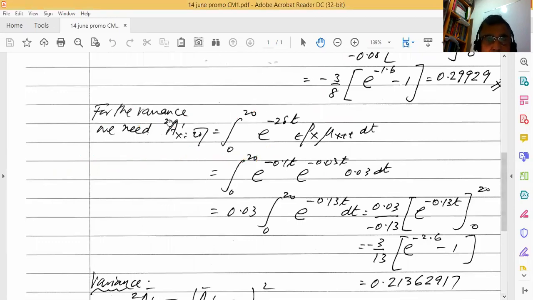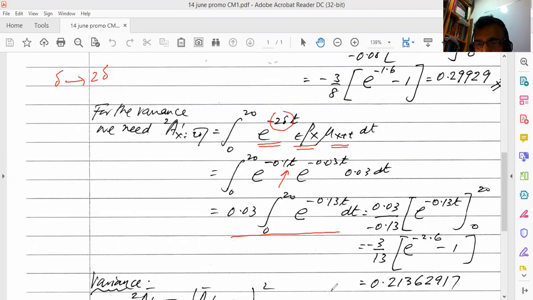For your second moment, remember what happens: your delta becomes 2 delta. The force of interest becomes twice the force of interest. That's what you see here. Nothing else changes: e to the power of minus mu t, where mu is 0.03. Earlier it was just delta, now it's 2 delta. Plug that in, set up your integral, and when you evaluate it from 0 to 20, you will get 0.21362917.